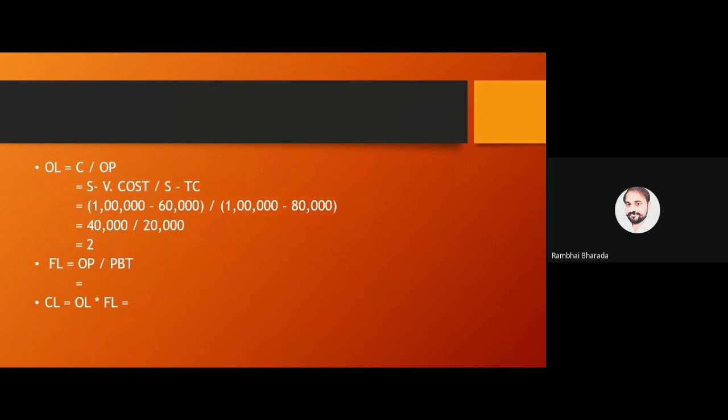Your operating profit is 20,000 and profit before tax, that is 20,000 minus 10,000. इन ब्रैकेट में आपको समझ में आए इसीलिए यहाँ पे लिख रहा हूँ. 10,000 is interest.